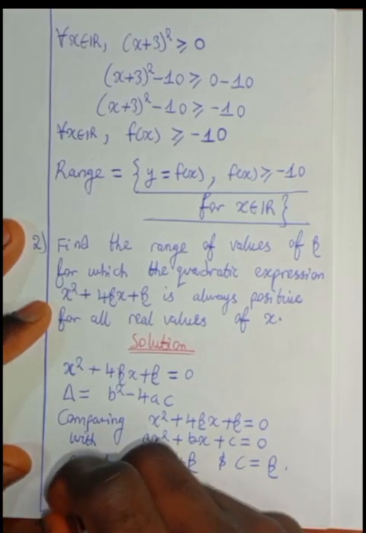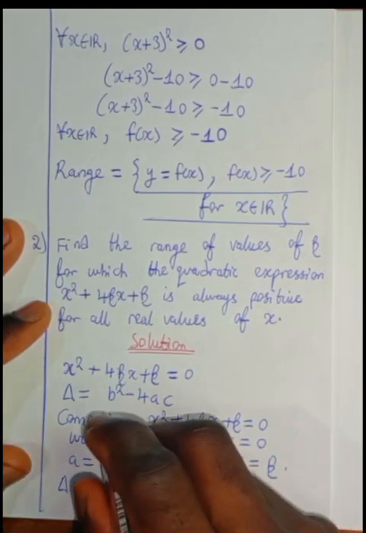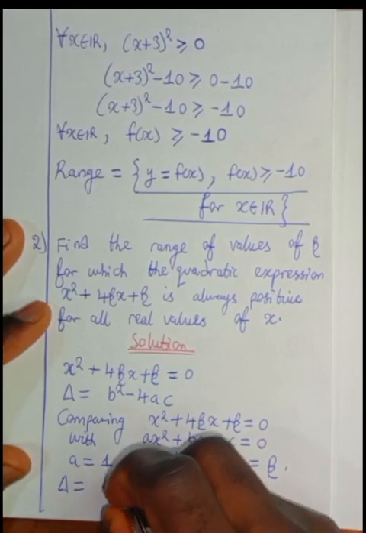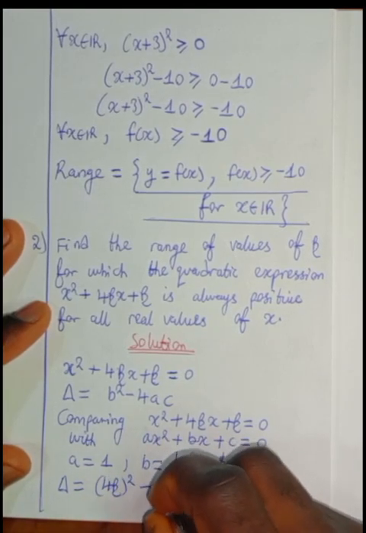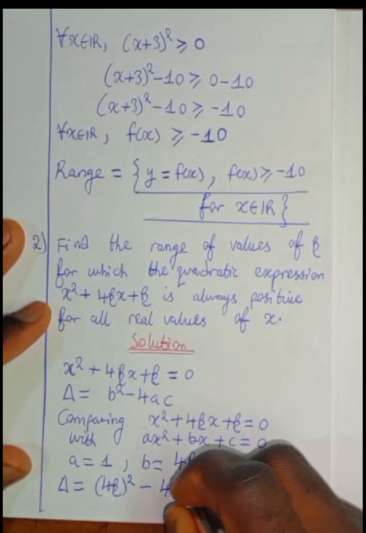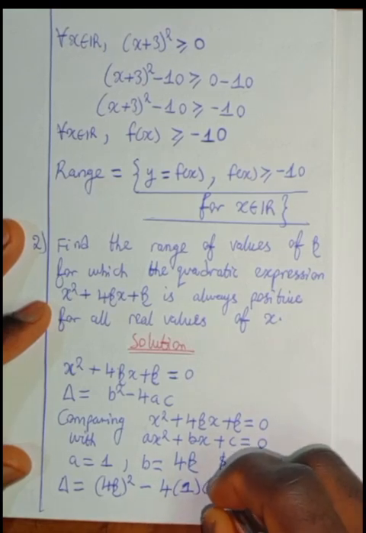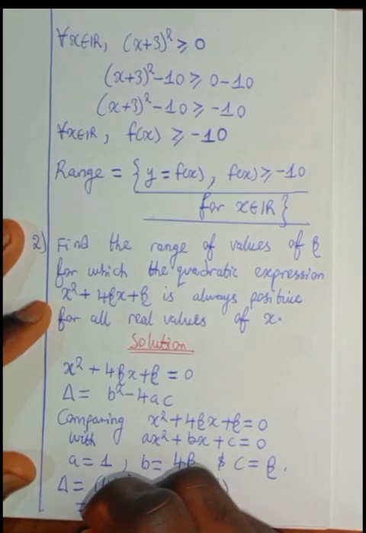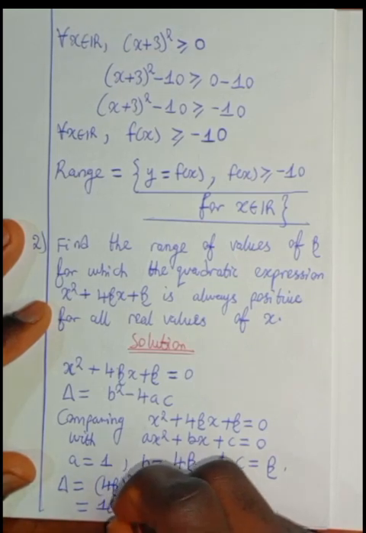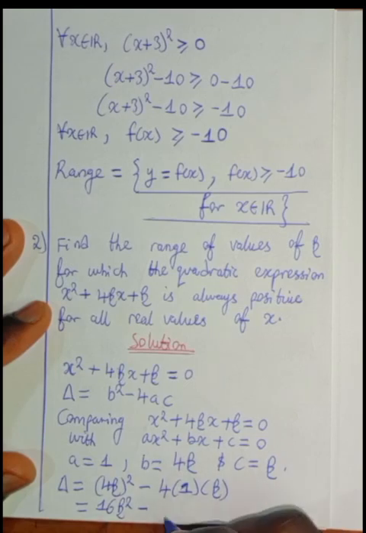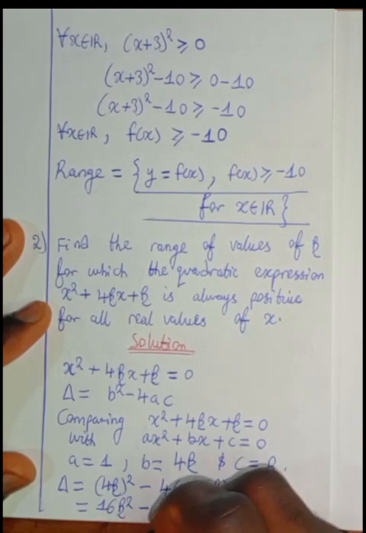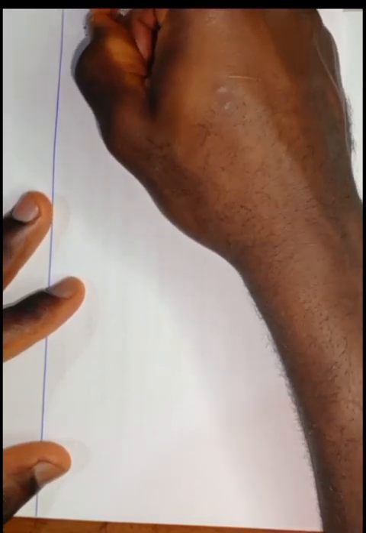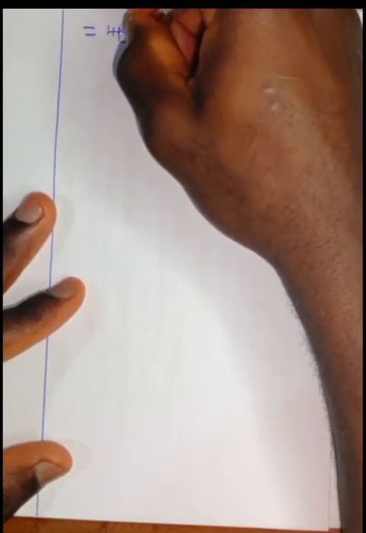It therefore means our discriminant will be equal to 4 beta all squared minus 4 times a, which is 1, times c, which is beta. And this will simply be equal to 16 beta squared minus 4 beta. So this will simply be equal to 4 beta times 4 beta minus 1.